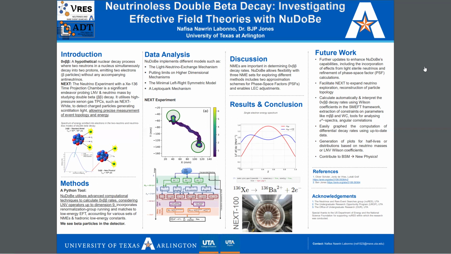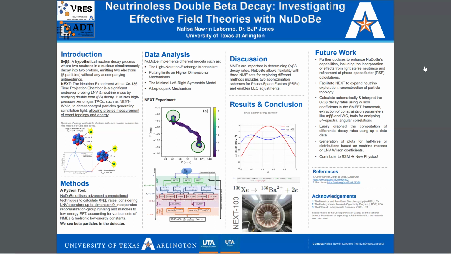What that means is the current understanding of the standard model will be enhanced, and we will enter a new physics world, which is beyond standard model, or BSM for short. So what is this nu-DOBE, and why are we interested in this process to begin with, right?